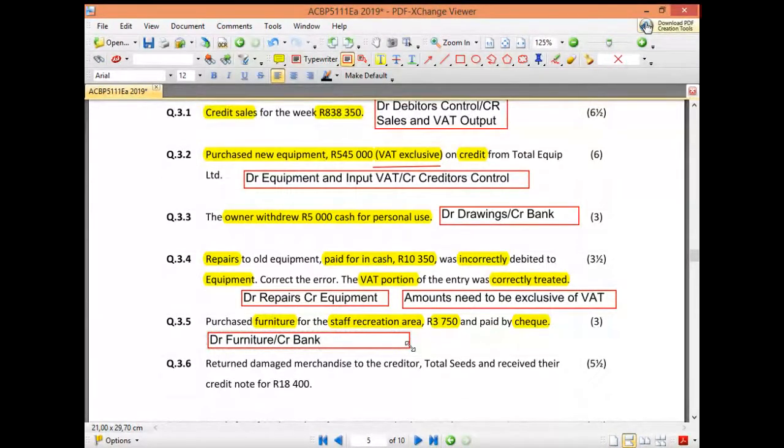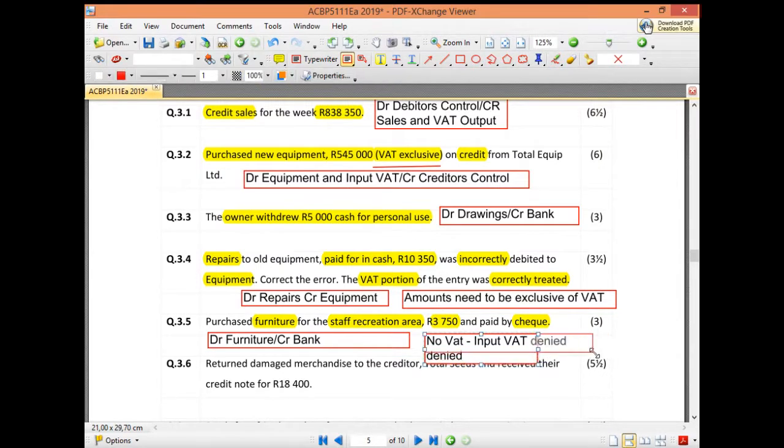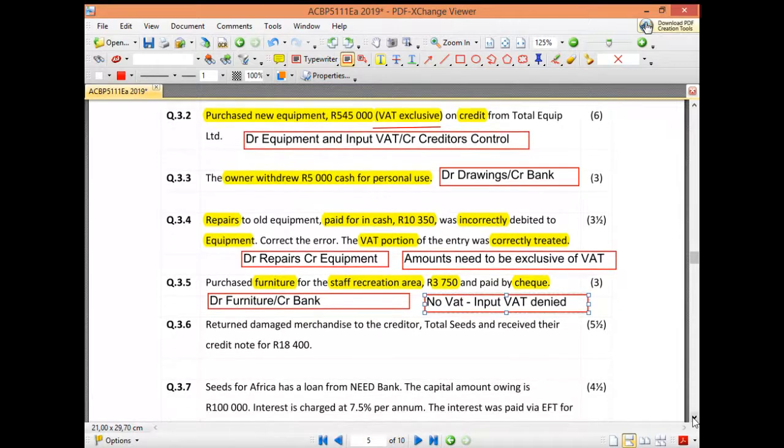Do we account for any VAT on this transaction? Okay, so the class thinks no, and the answer is there is no VAT on this because input VAT has been denied because of the fact that it is staff entertainment.